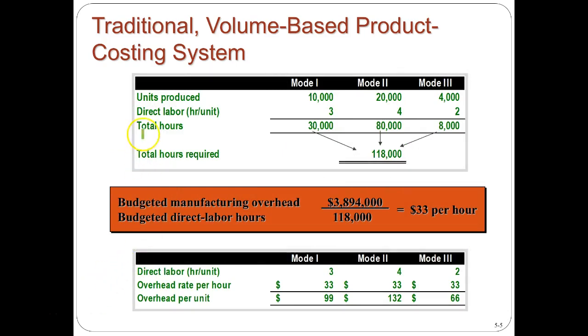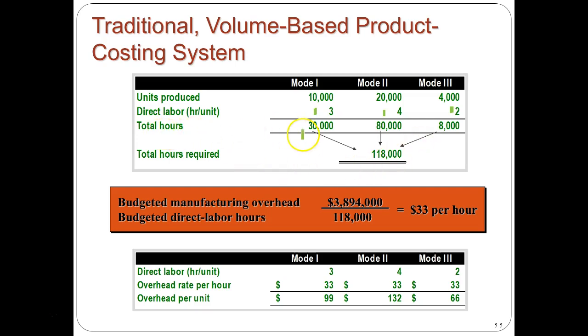So if we took a look at the units produced, we have Model 1 10, Model 2 20, and Model 3 4. We're using, in this case, direct labor. So direct labor, you recall, was 3, 4, and 2. That's the thing that we're kind of thinking of as the driving factor to tell us how large the job is, or how much to allocate to the jobs.